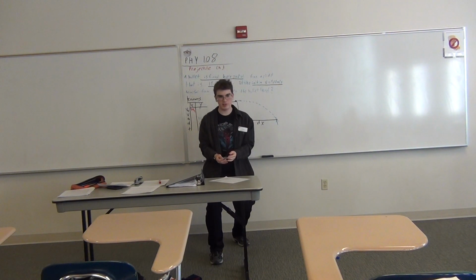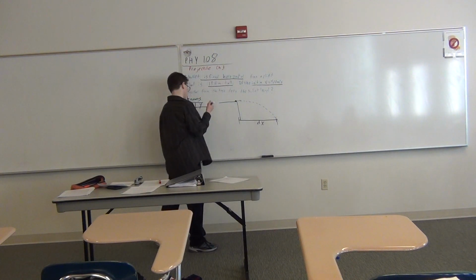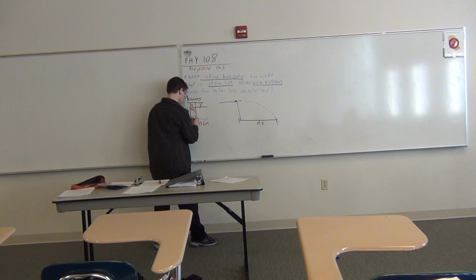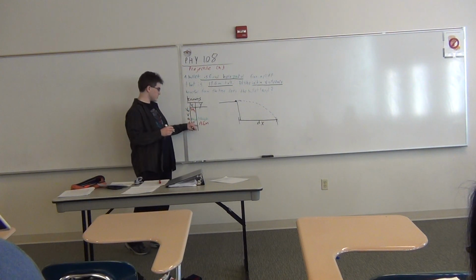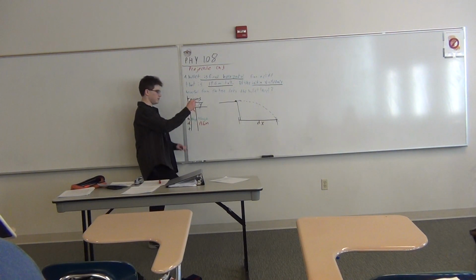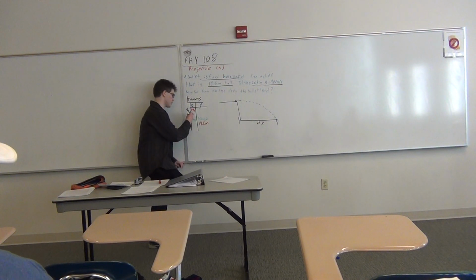Does it move in the x direction at all after I drop it? No. So the change in velocity in x is 0. If the acceleration is 0 in x, what does that mean the final velocity is? 400.